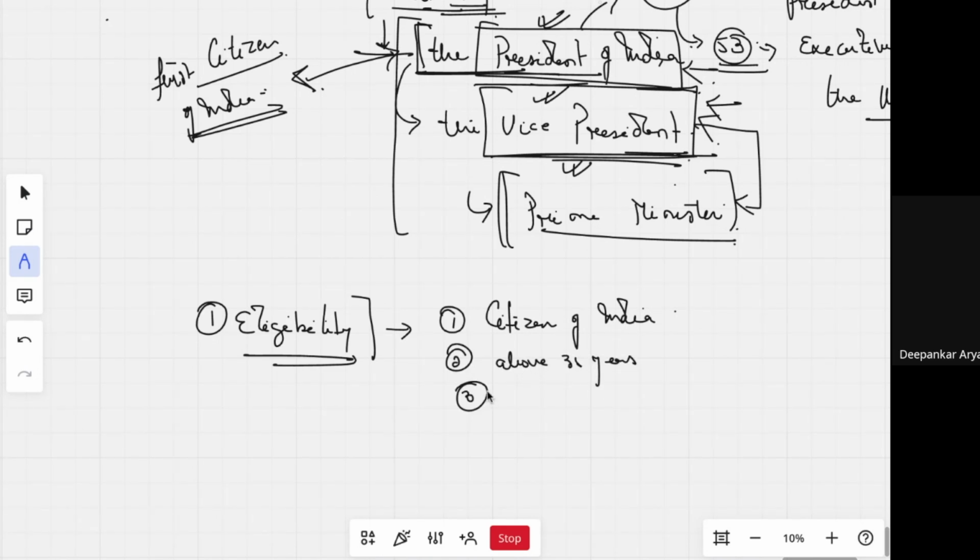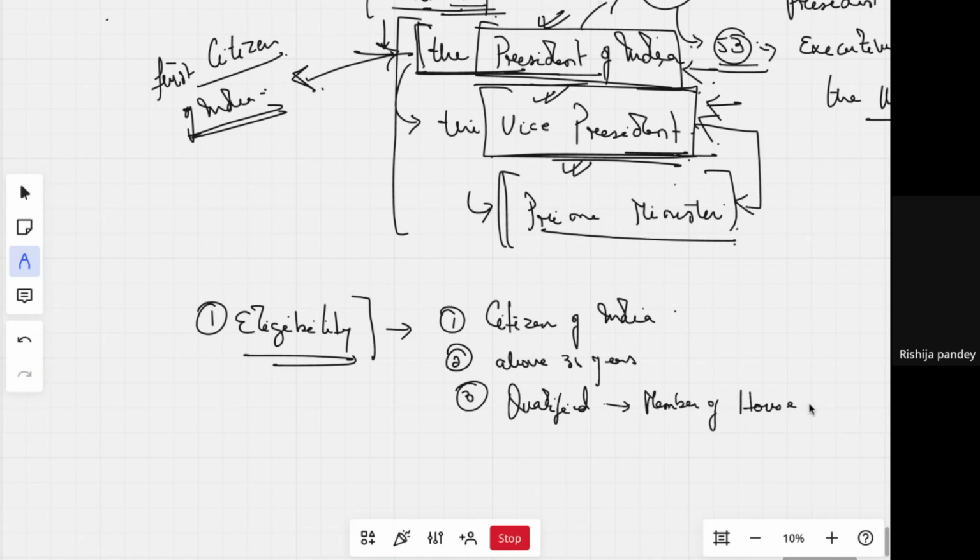Third, sir, qualified for election as a member of Lok Sabha, House of People.